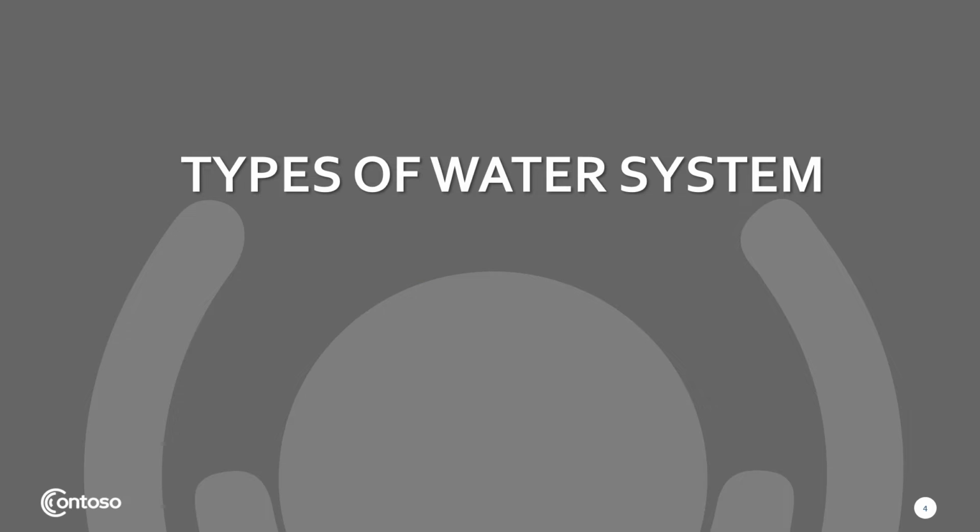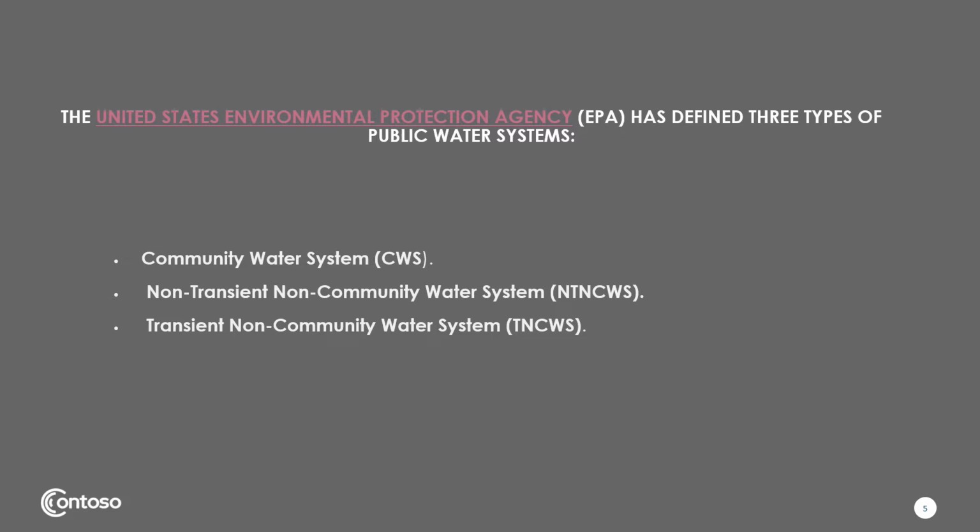After giving the definition of water system, we are now going to classify the types of water system. The United States Environmental Protection Agency, or EPA, has defined three types of public water system. First one, community water system. Second one, non-transient non-community water system.